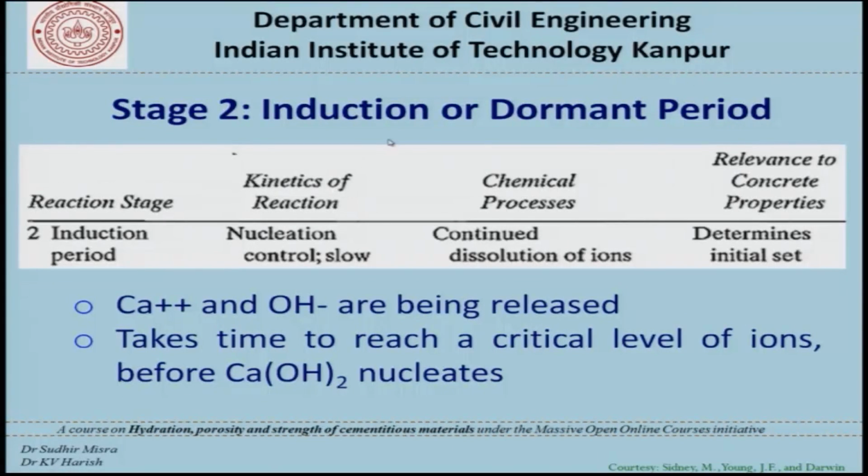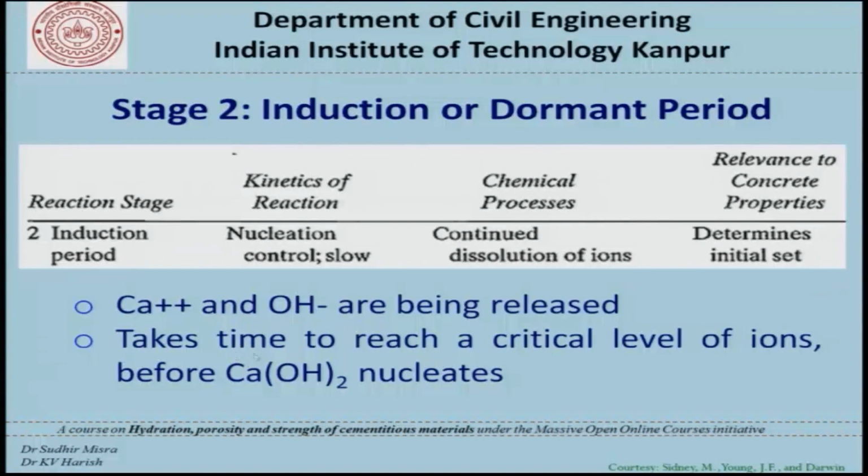In the second stage, which is called the induction or dormant period, the kinetics of reaction is termed nucleation control, and the reactions here are very slow, and it takes time for the paste system to release ions, and for the actual reactions to happen it takes some time.